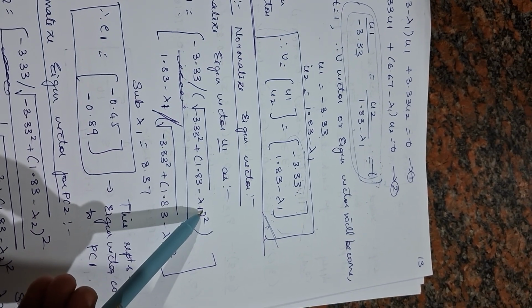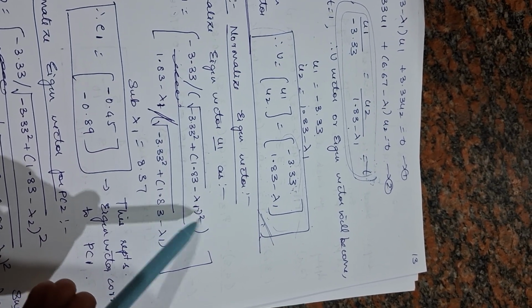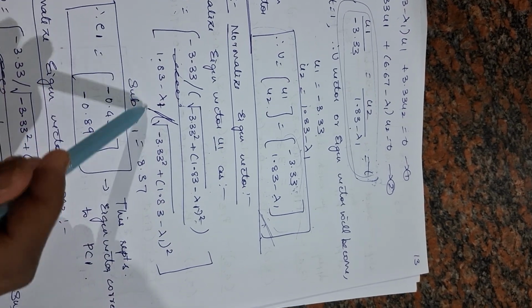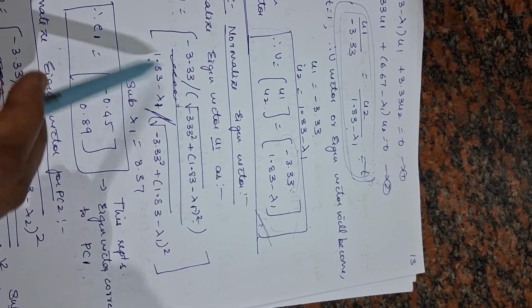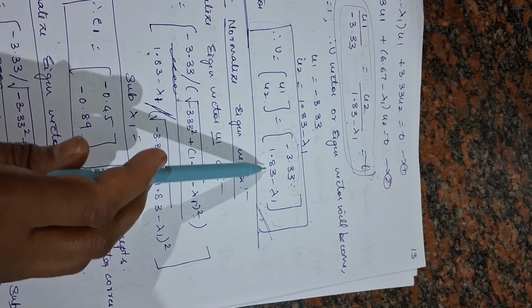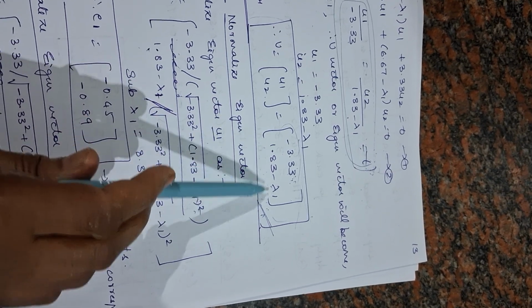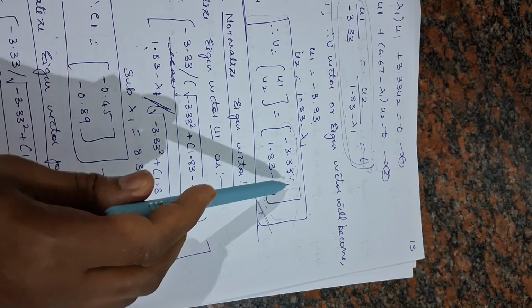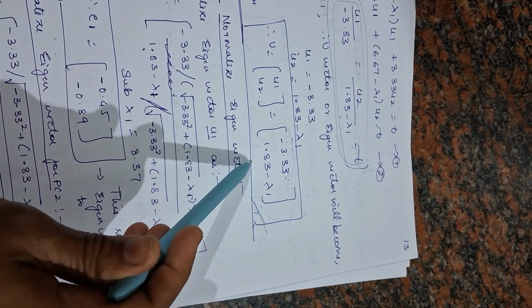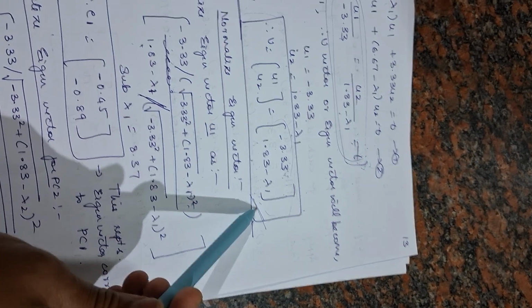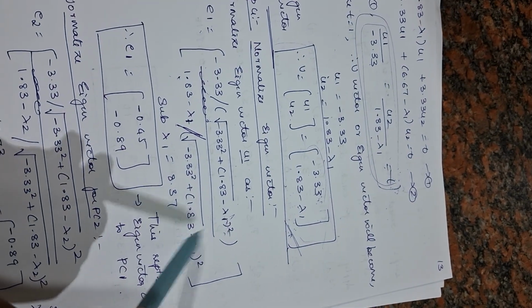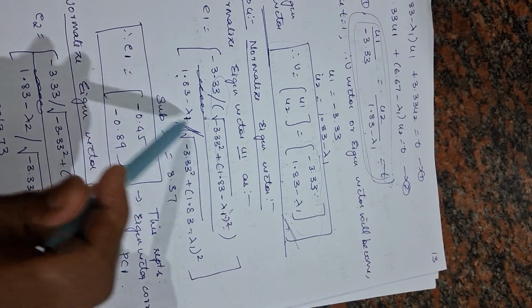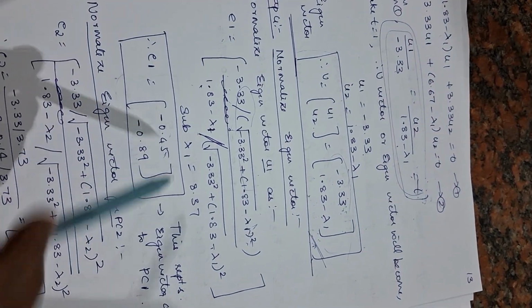The next element in the second row is 1.83 minus lambda 1, which you have to normalize: divided by the root of 3.33 whole square plus 1.83 minus lambda 1 whole square. So this will be the matrix. If you solve this, you will get the final matrix like this.